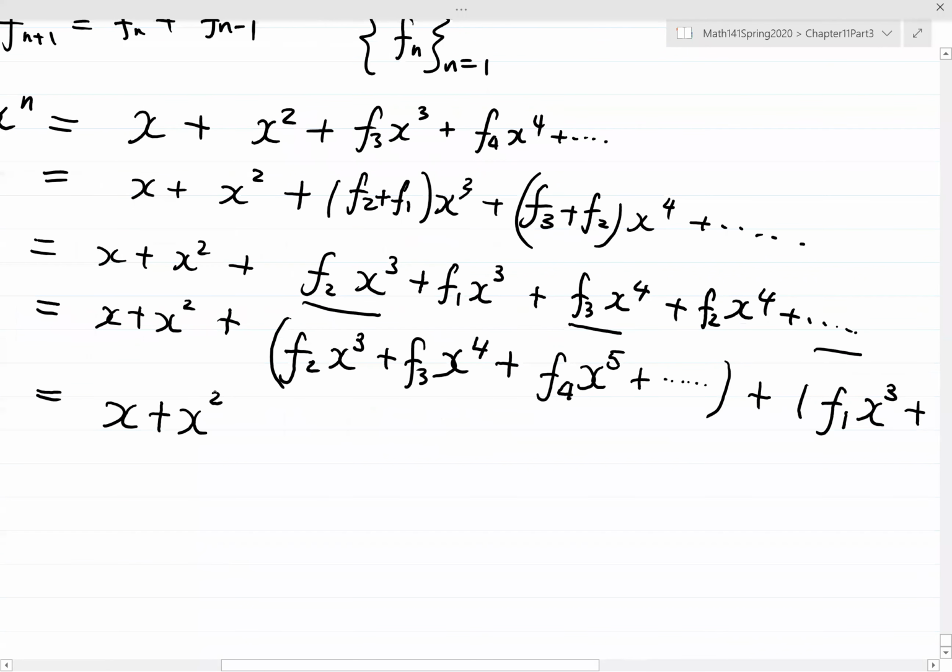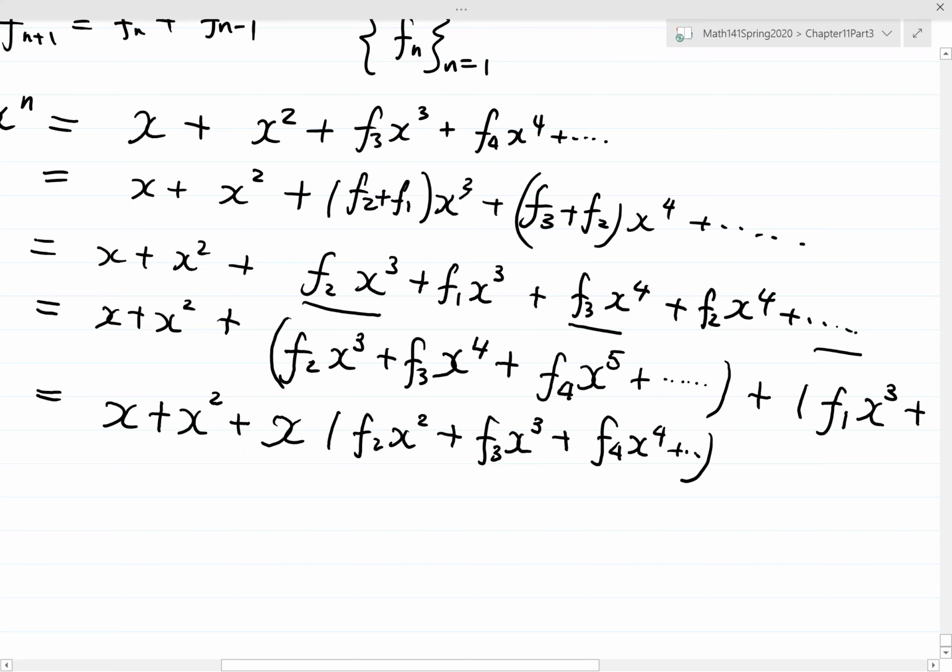You can factor out a factor of x, so this is x times (f2 x squared, f3 x cubed, f4 x to the power 4, etc.).